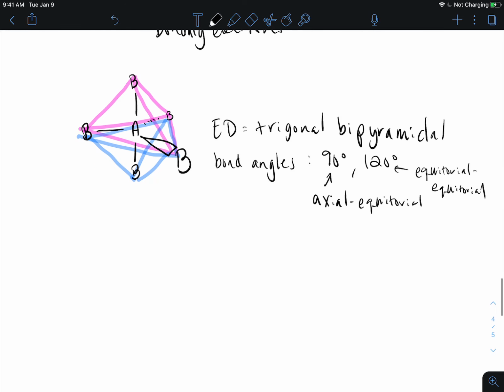And as I said, when we take this structure and we put electron domains around it, or if we put electron pairs, we're going to put them on our equatorial positions, so they'd look like this.